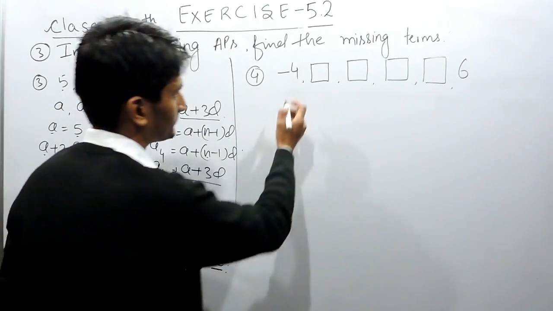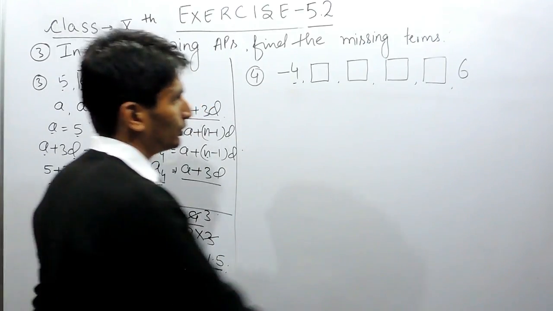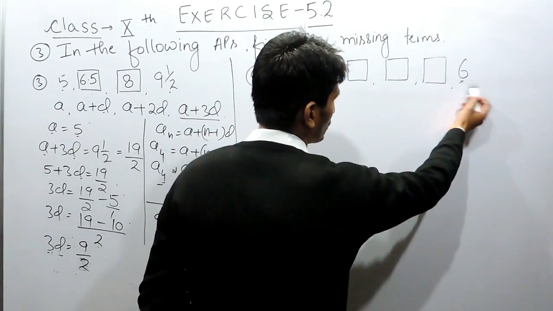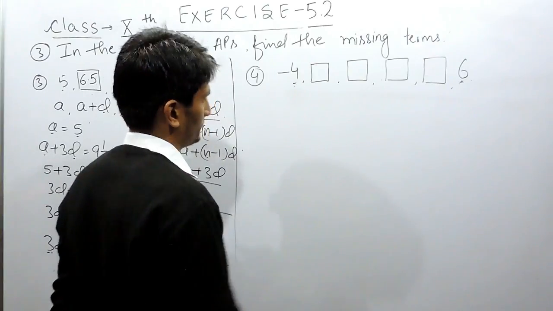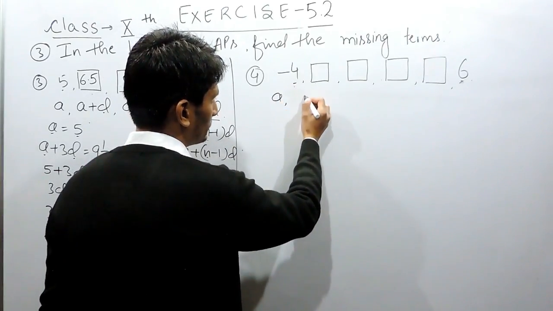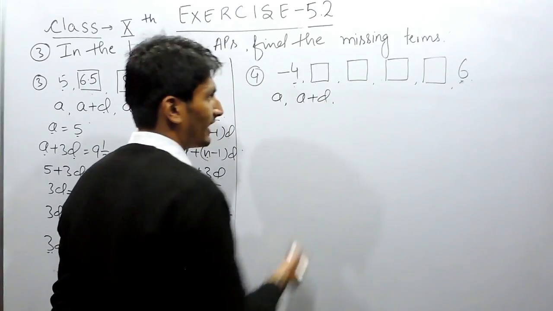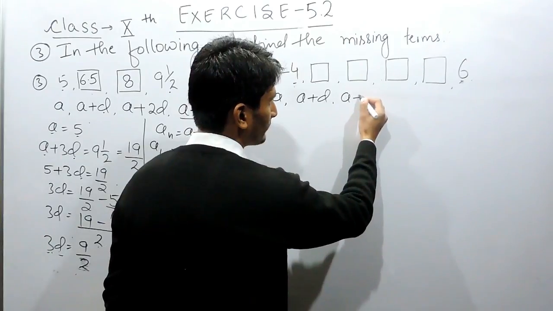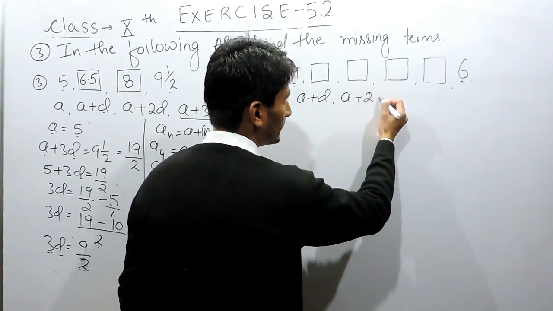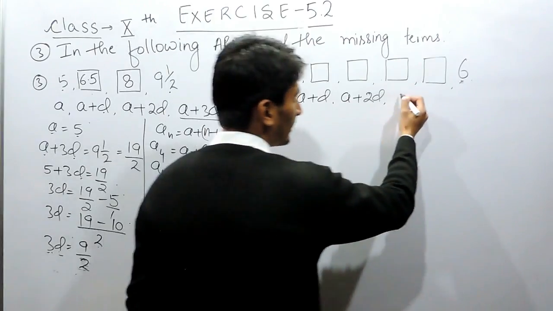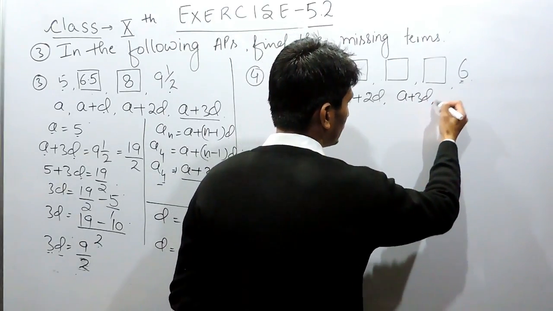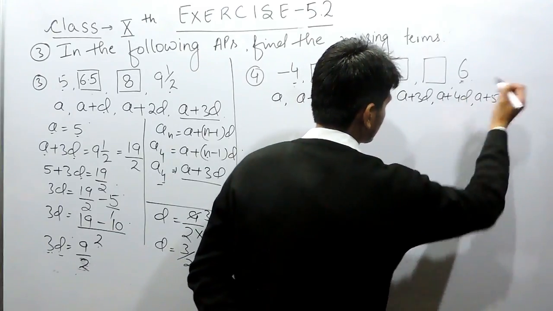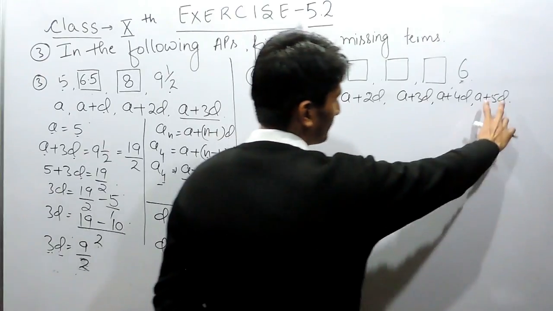Now in this case, you know the first value, and this is first, second, third, fourth, fifth, and you know the value of the sixth term. If this is considered as the first term, to find the second term we have to add a common difference, or you can say a constant, to this, and after that we have to add the same constant to the second number, so we have to add another D. After that we have to add another D, the same case, and the sixth term will be A plus 5D.